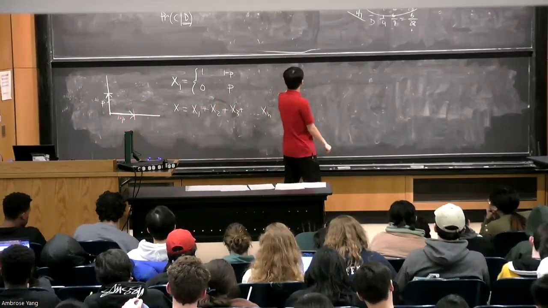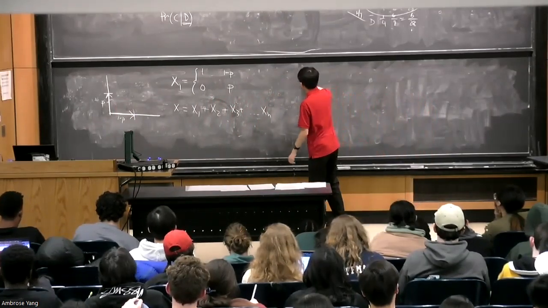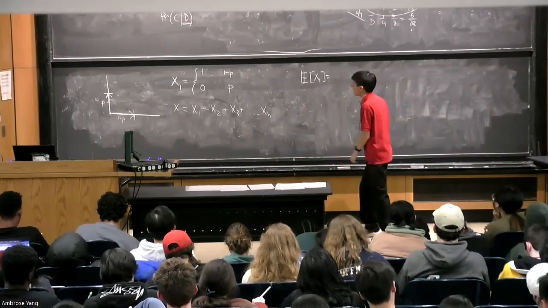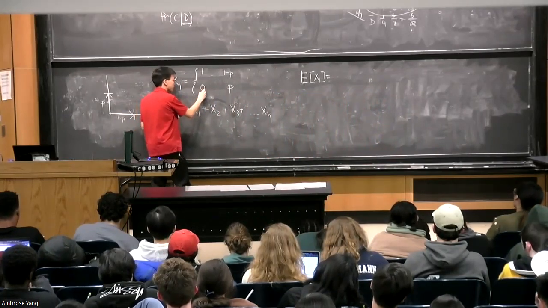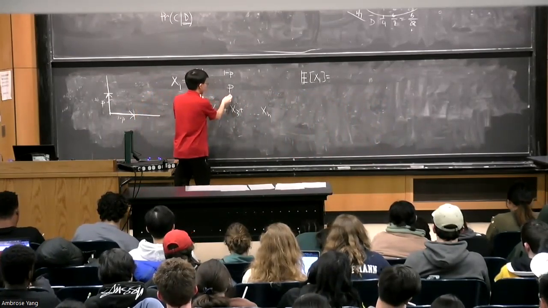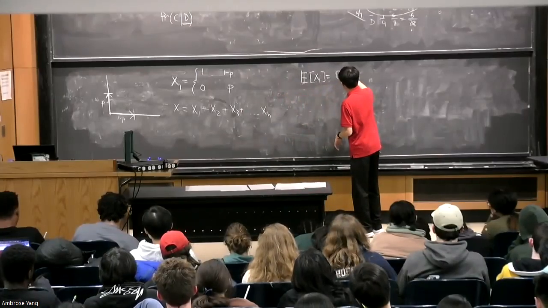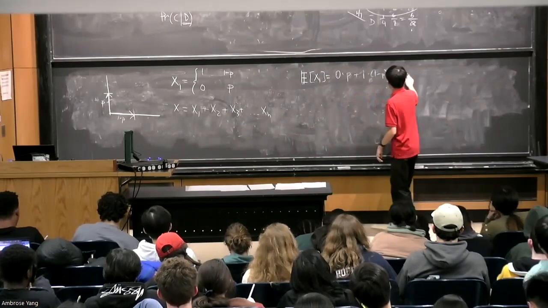Now, the way to calculate the expected value, I'll calculate the expected value of x1. You take each possible value, multiply it by the probability, and add it all up. So 0 times p plus 1 times 1 minus p, so 1 minus p.